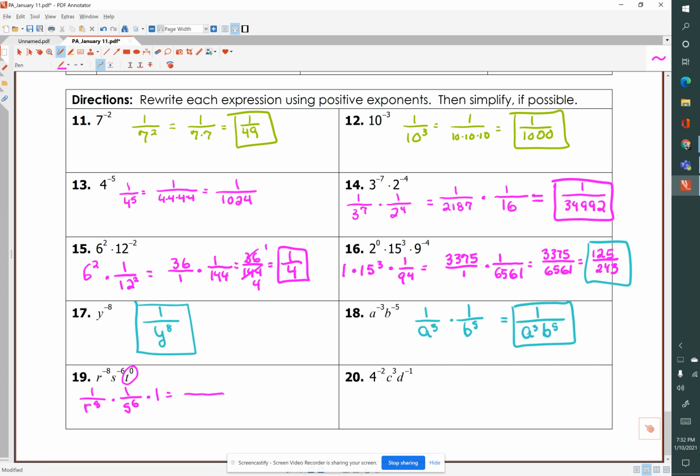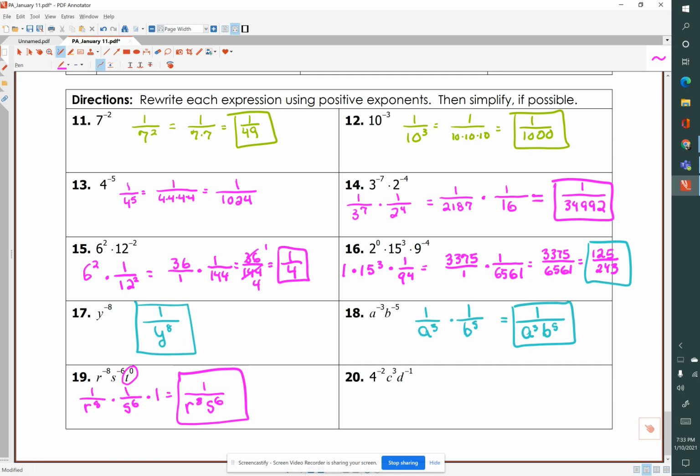So this simply simplifies to a 1 in the numerator and r to the 8th power s to the 6th power. Let's rewrite that so it's a little clearer. R to the 8th power s to the 6th power. And that's a final answer.